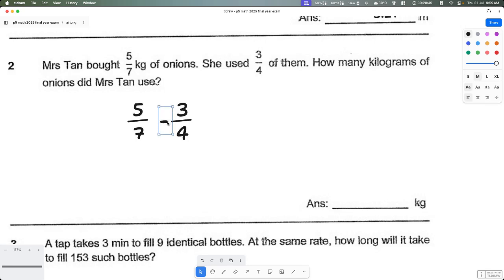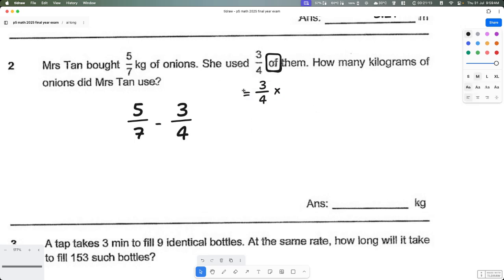So what you need to do is, because the question uses the word "of", that means this 3/4 is times something.